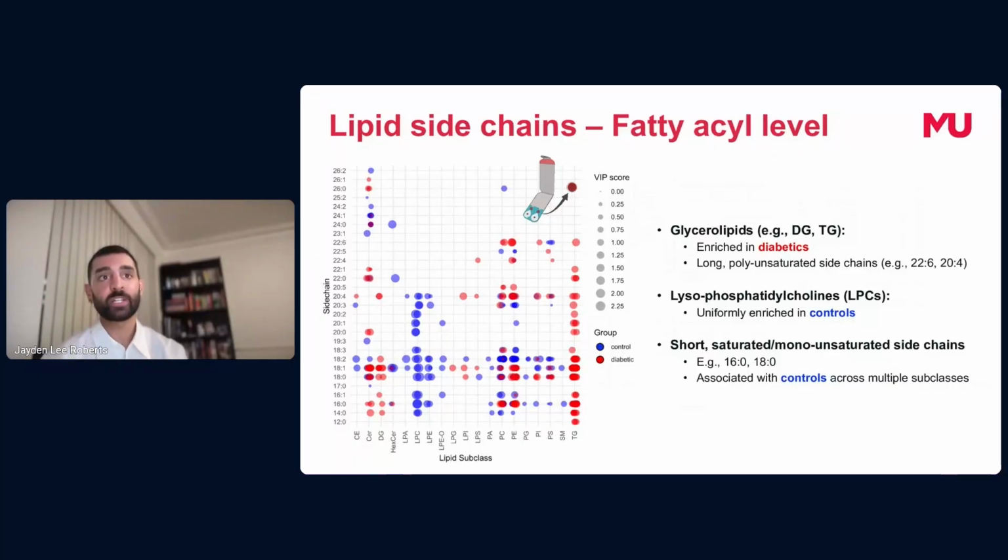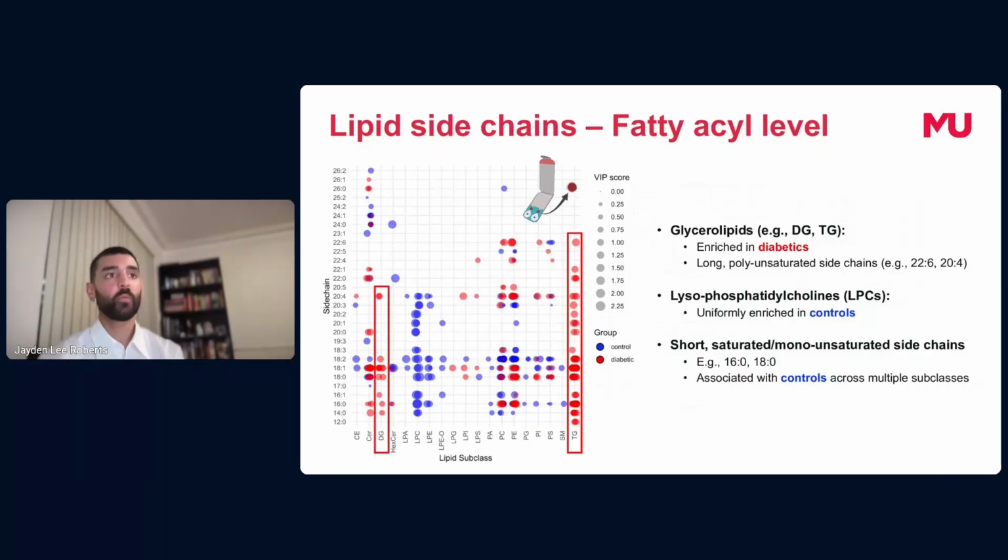What I've plotted here essentially are lipid subclasses on the x-axis against the side chain composition on the y-axis, with the size indicating the VIP score, where red represents a stronger association with diabetes and blue representing a stronger association with the controls based on the Cohen's d.